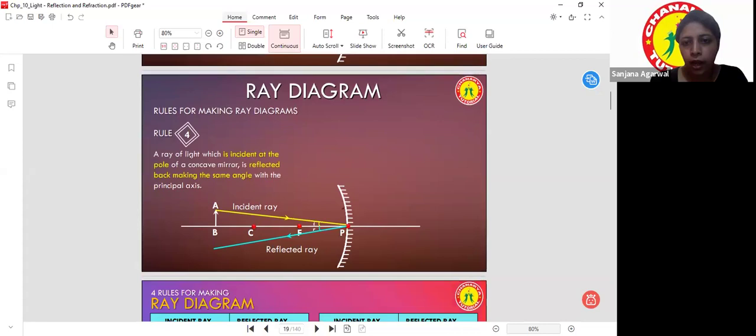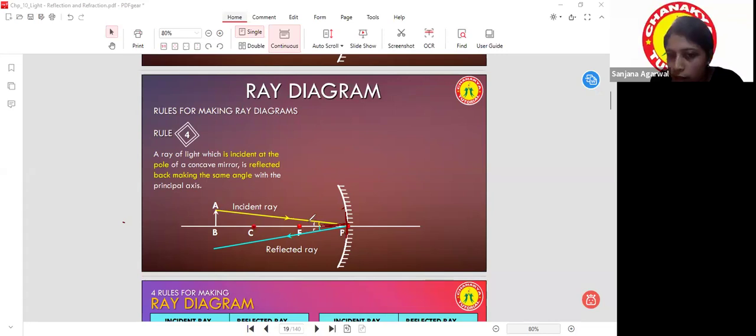And the fourth rule says, a ray of light which is incident at the pole of a concave mirror is reflected back, making the same angle with the principal axis. This is a bit similar to the second rule, not the same, I'm telling similar. This principal axis is also passing through the center of curvature, and if it is already meeting the point on this mirror, this principal axis is actually the normal at this particular point.